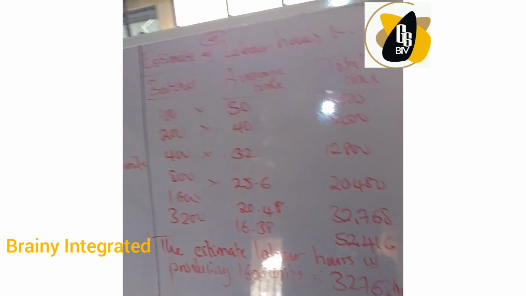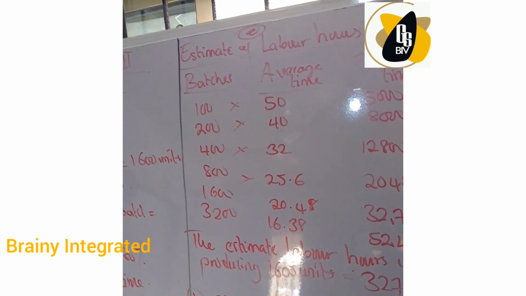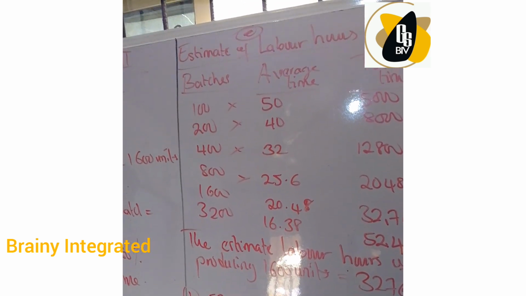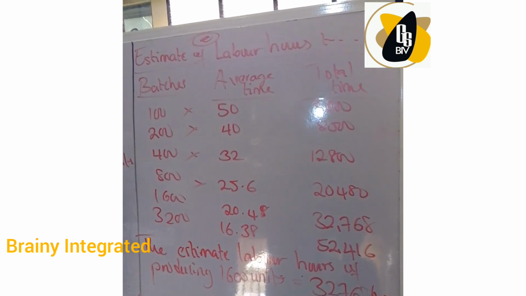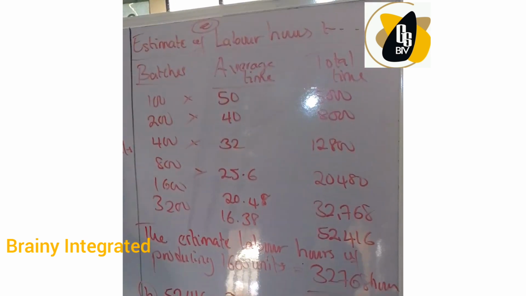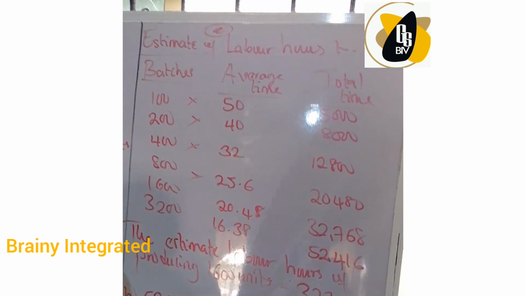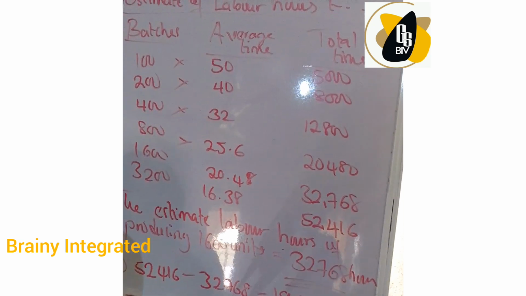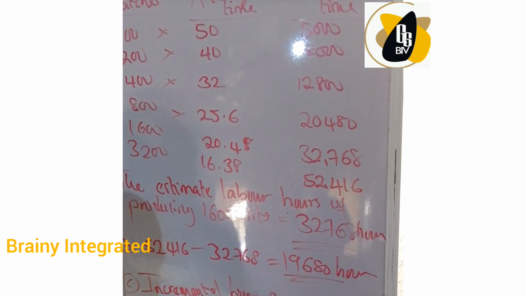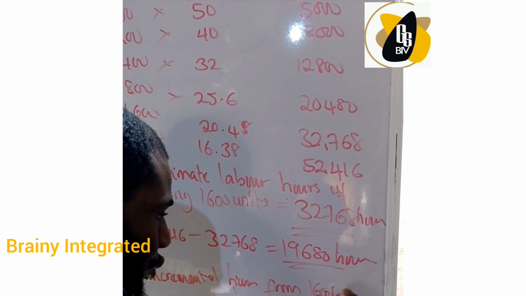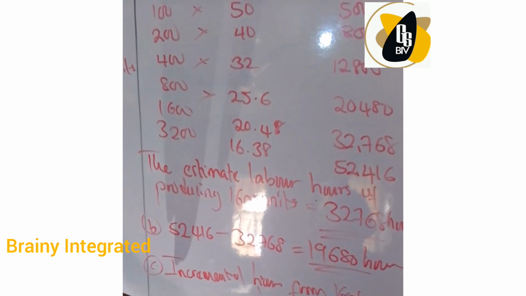The next question is, they said we should estimate the incremental hours of extending the production run from 1600 to 2000. Now, you need to observe this closely.